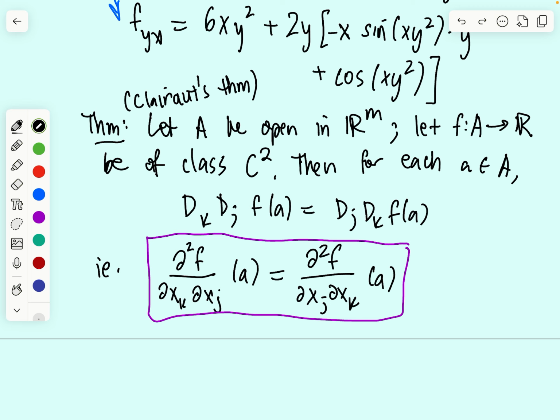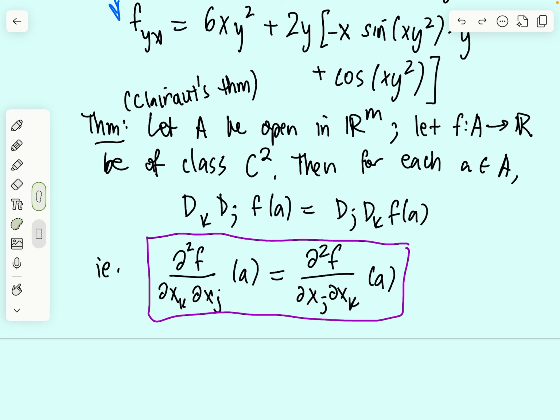So maybe before I close, I want to mention that, taking this first example, this first one is the kth partial derivative of the jth partial derivative. And then this one is the jth partial derivative of the kth partial derivative. So you're taking partial derivatives of different things, right? So it's not exactly that you're doing the same thing just in a different order.